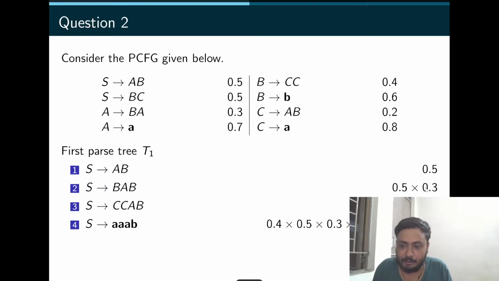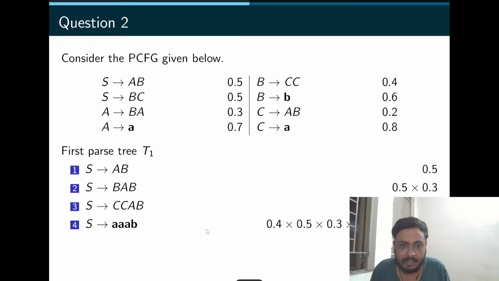And what do we do over here? We keep on multiplying the probabilities of every rule we take into consideration. So the first one was this rule, and it had a probability of 0.5. Then we applied the rule A gives BA, that is 0.3. Then we applied B gives CC, which is 0.4.